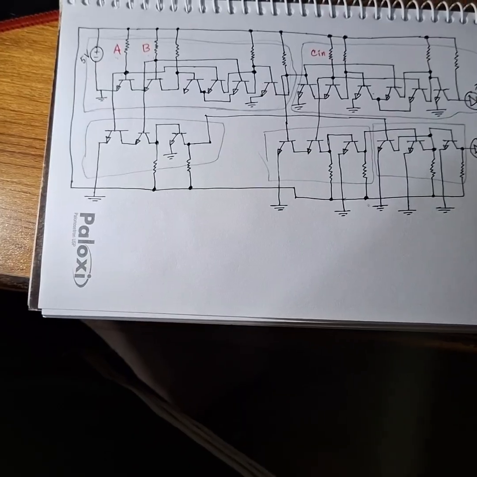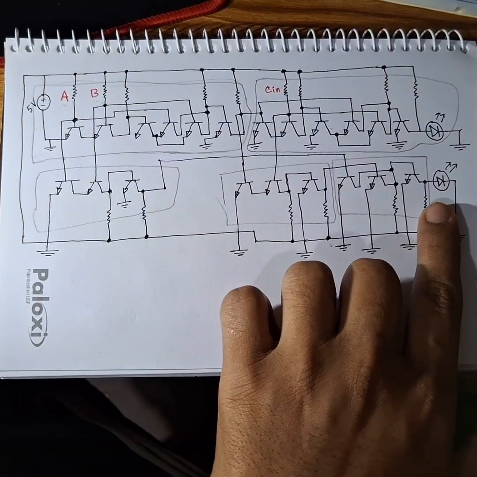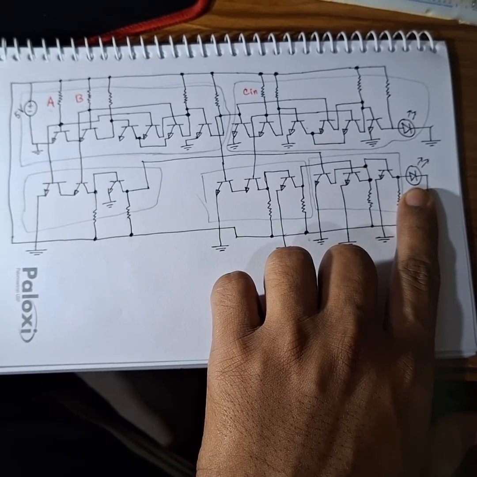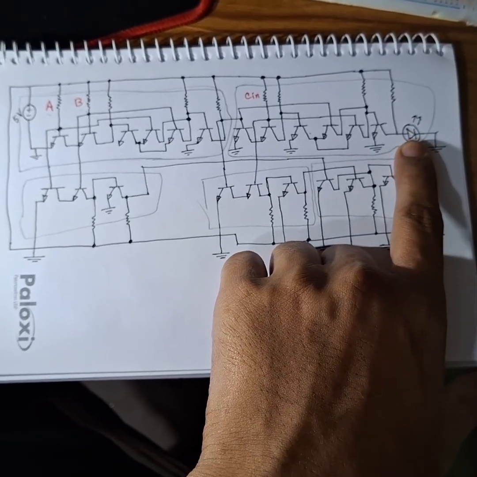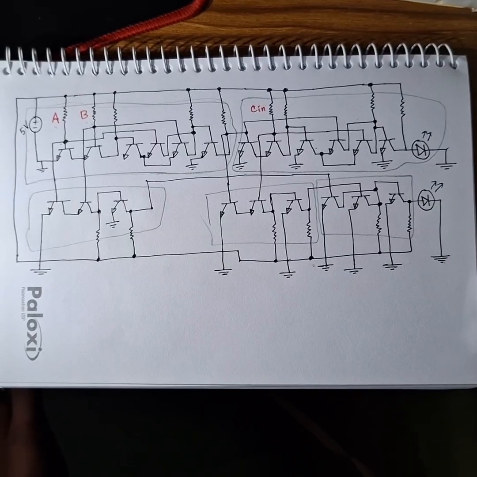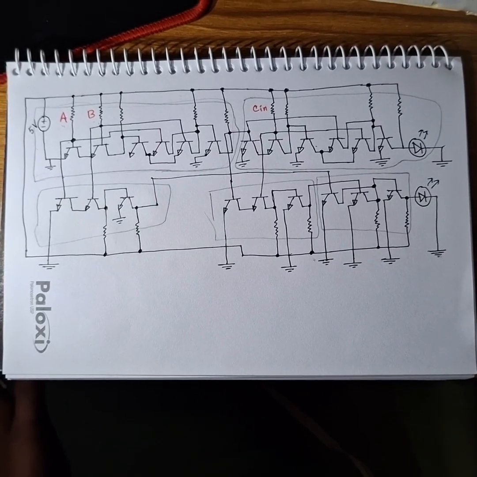Then we will get our output here in this LED as the carry output, and this is our sum. In this manner we have connected the circuit on our breadboard.